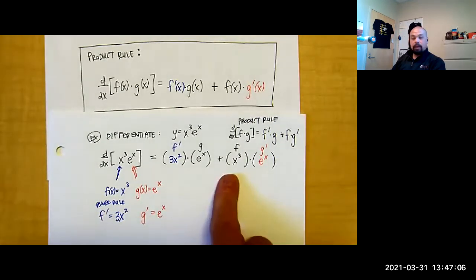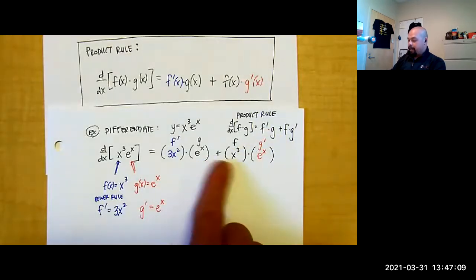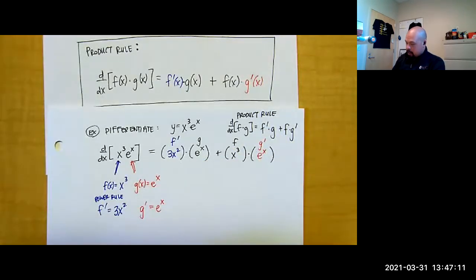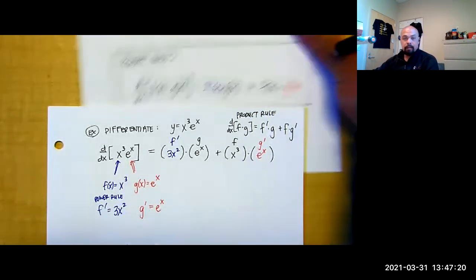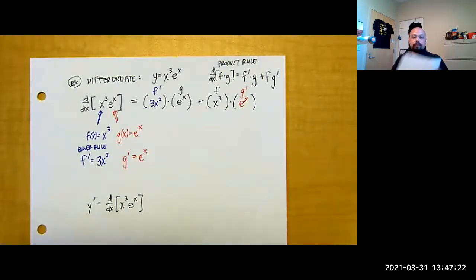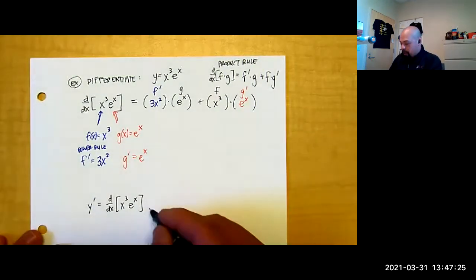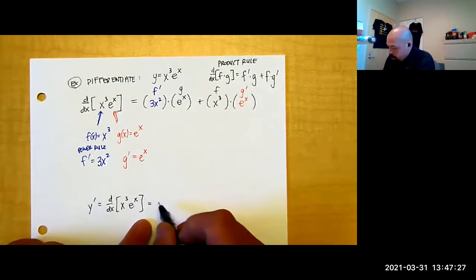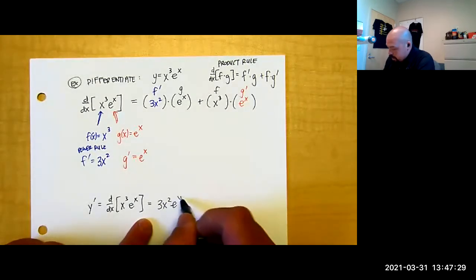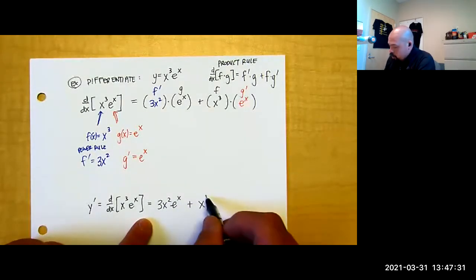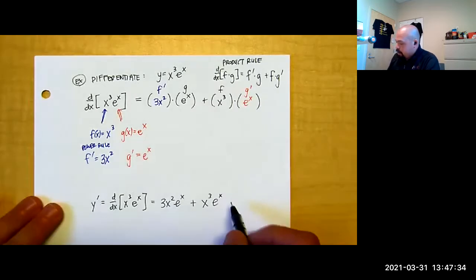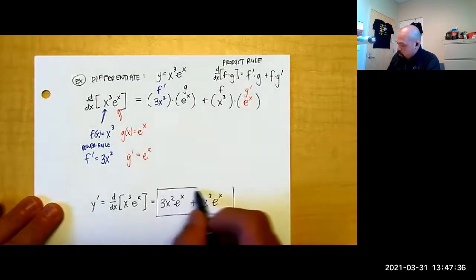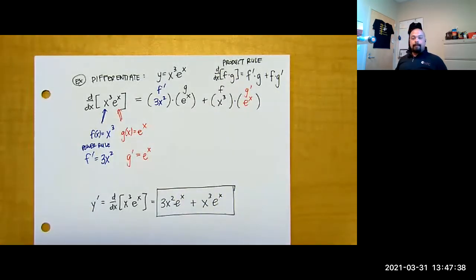Taking those components, putting them into that format. So lastly, my y prime, that derivative of that product, x cubed e to the x, we're going to get here 3x squared e to the x plus x cubed e to the x. There's our derivative. There's our solution.